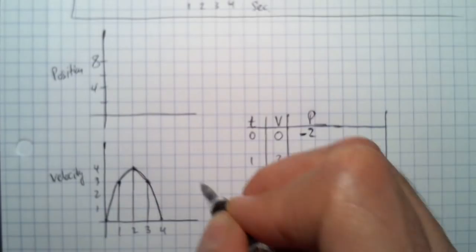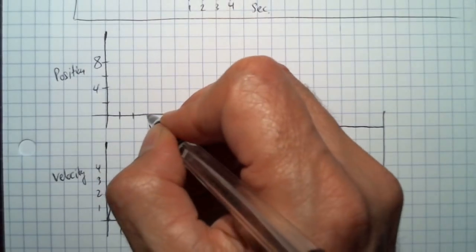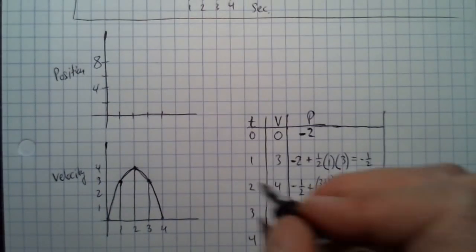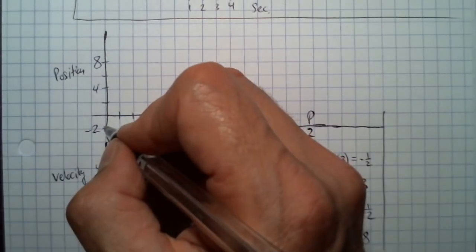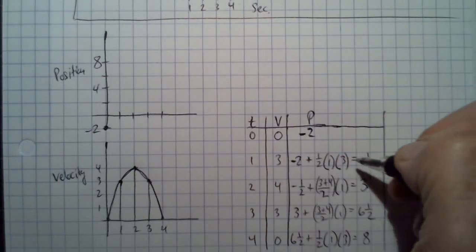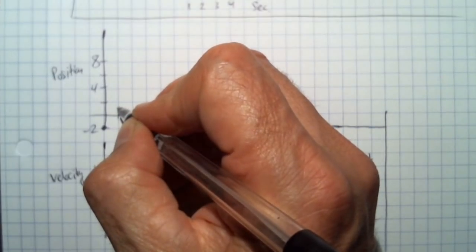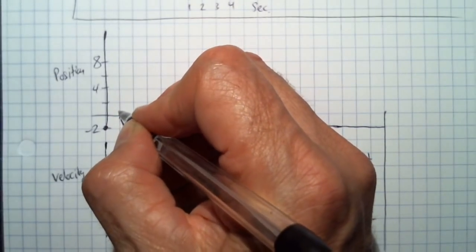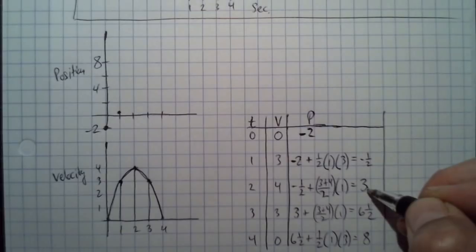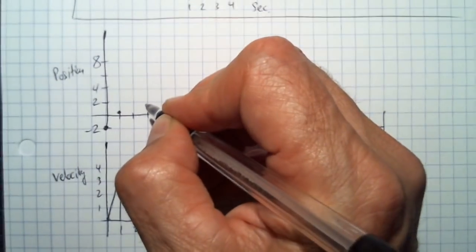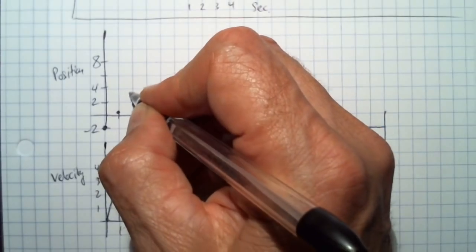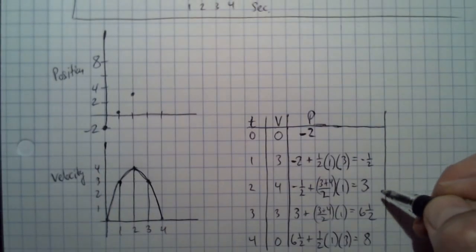So we have points for the position graph. At 0, we're at -2. At 1, we go to 1/2. At 2, we're at 3.